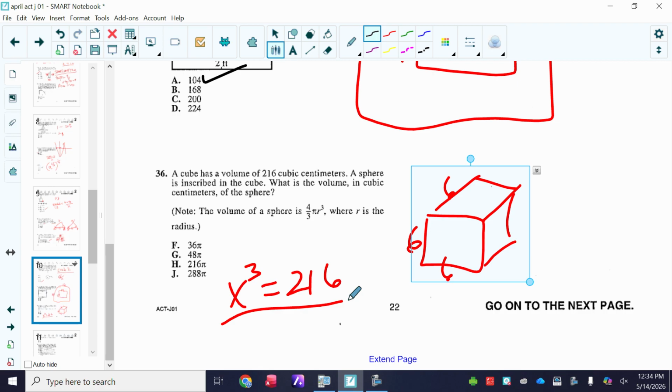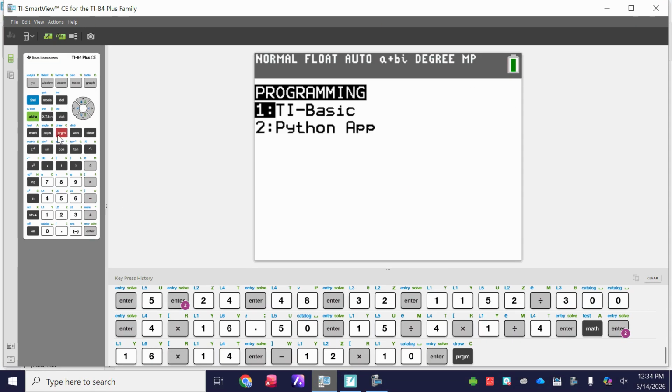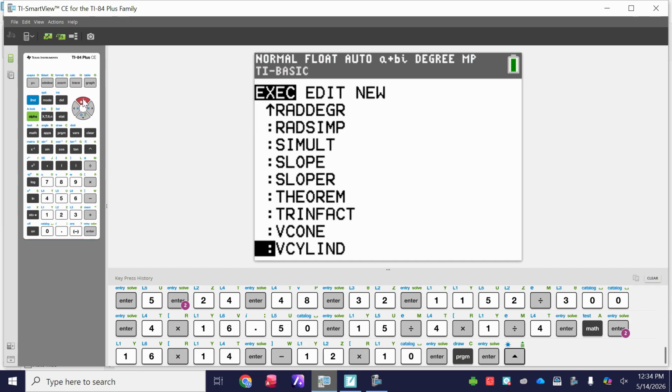Now, if I put a sphere inside of this, the radius has to be half. So the radius is 3. And I do have a volume of sphere program. You don't even need the formula.